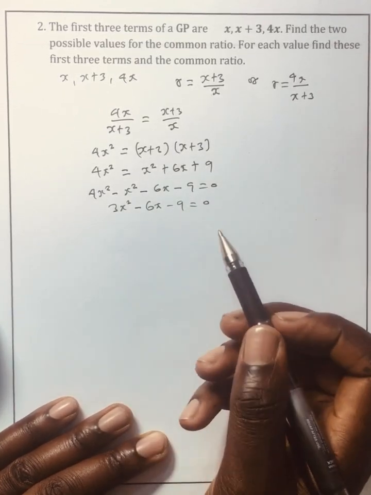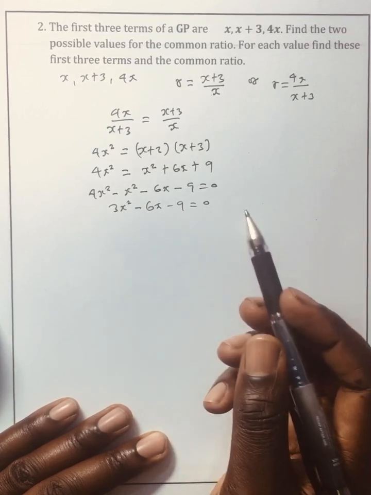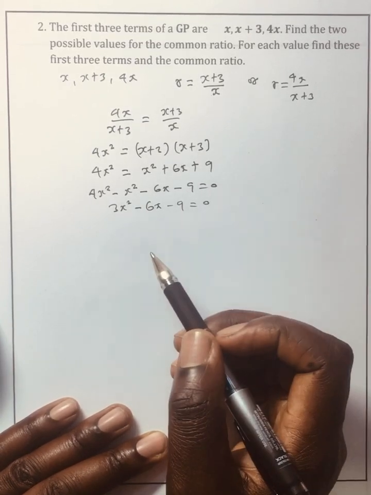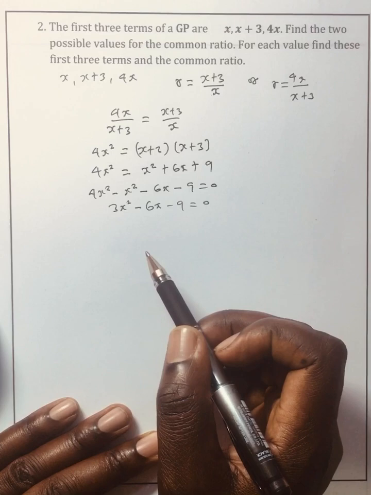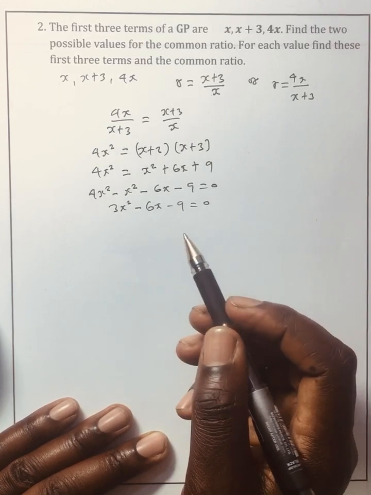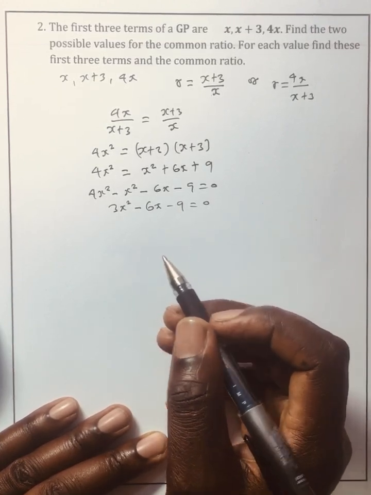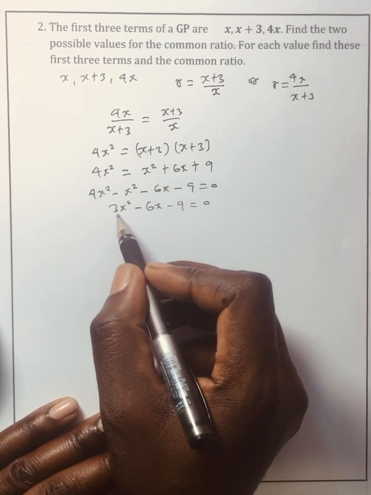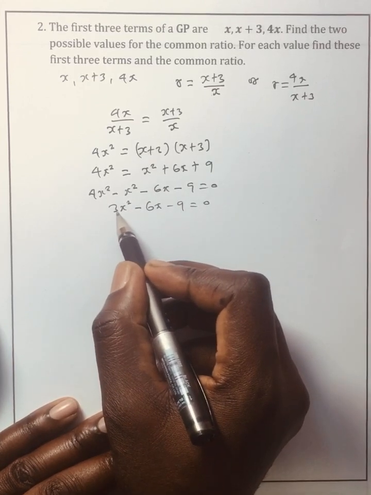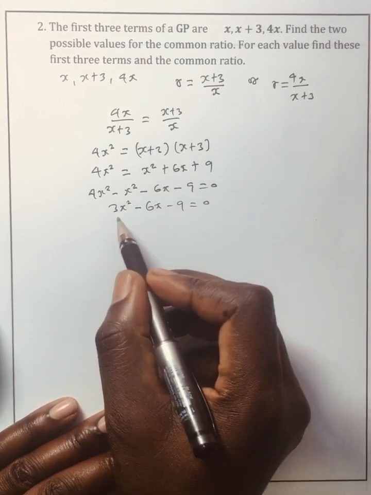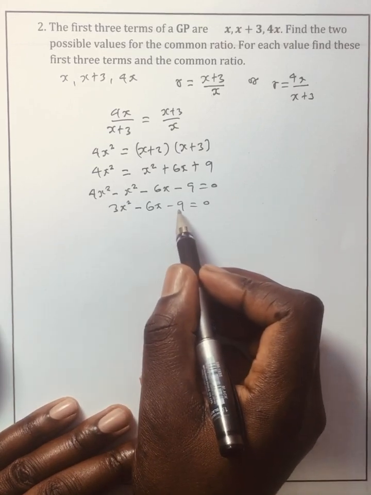So we have a quadratic equation that we can solve using any method. In this case, I prefer we use the factorization method. In the factorization method, we are going to need two numbers whose product is the same as a times c. In this case, a is 3 and c is negative 9.